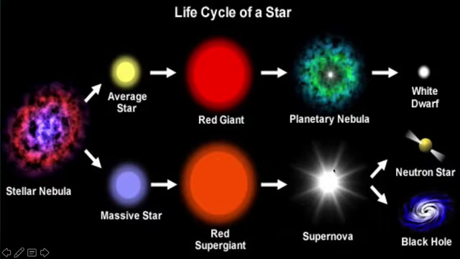And when it explodes, it does what we call the supernova explosion. And when you have a supernova explosion, you will either create something that we call a neutron star, or it will create a black hole. So this is what really happens in the life cycle of a star.